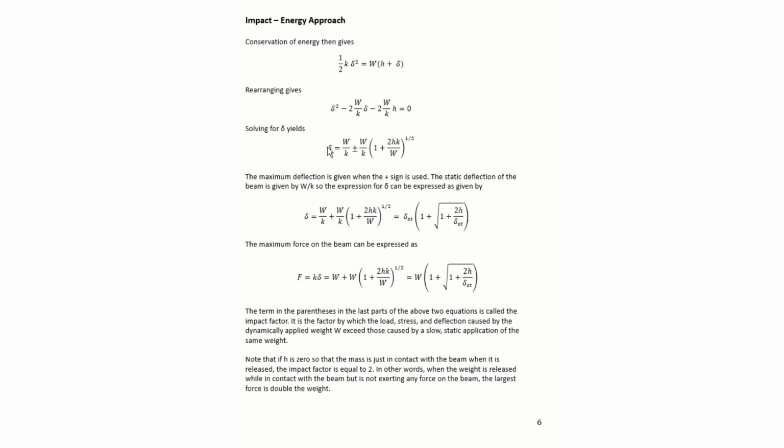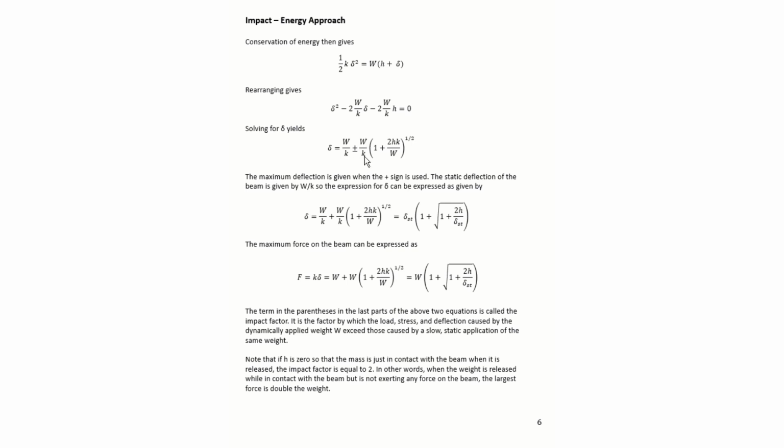In this expression for delta, if we have h equal to 0, so no drop height, we can see it is W over K plus W over K, which is 2 times the weight divided by the stiffness.